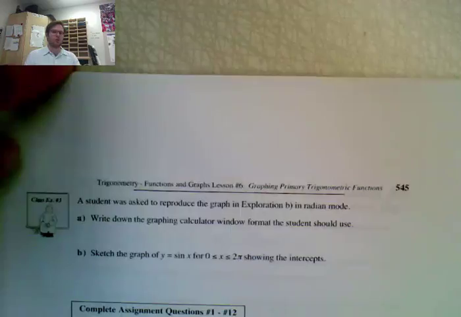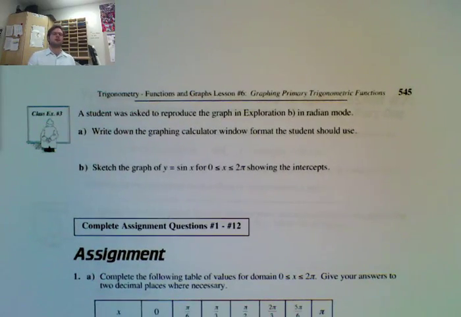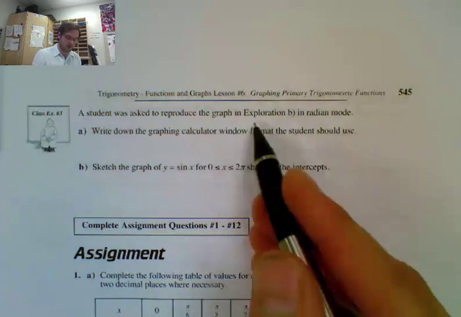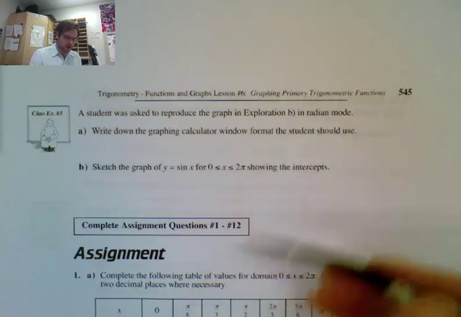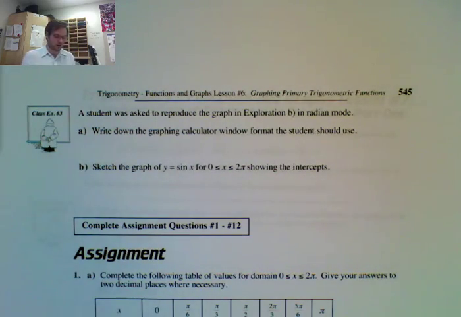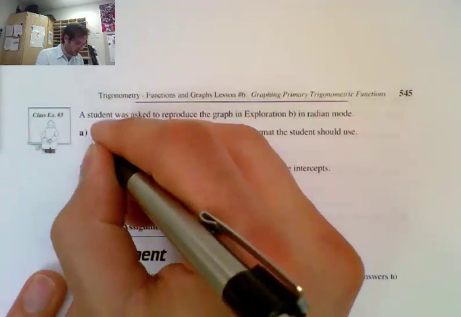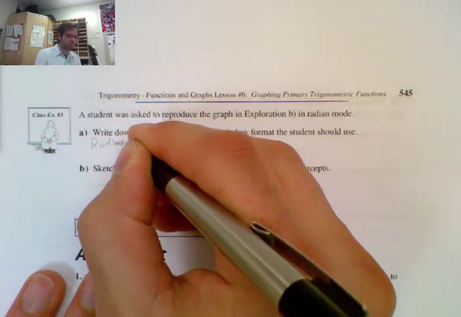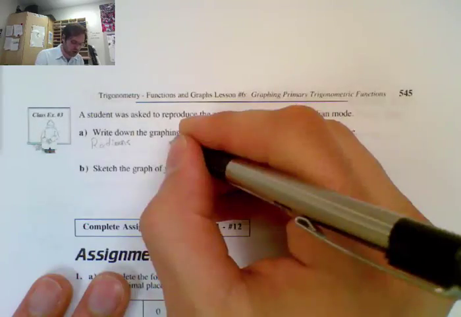Okay, so class example number 3 says, a student was asked to reproduce a graph in the exploration of B, okay, in radian mode. Write down on the graphing calculator the format the student should use. So now it's in radian mode, we have to put it into radians. And we're going to have to change my window.